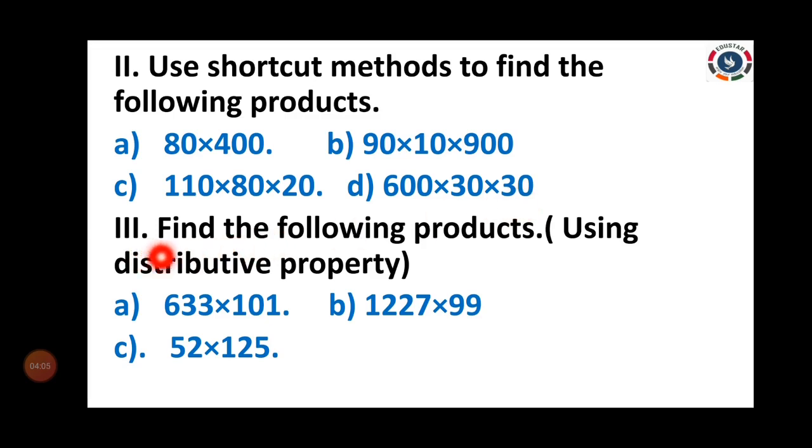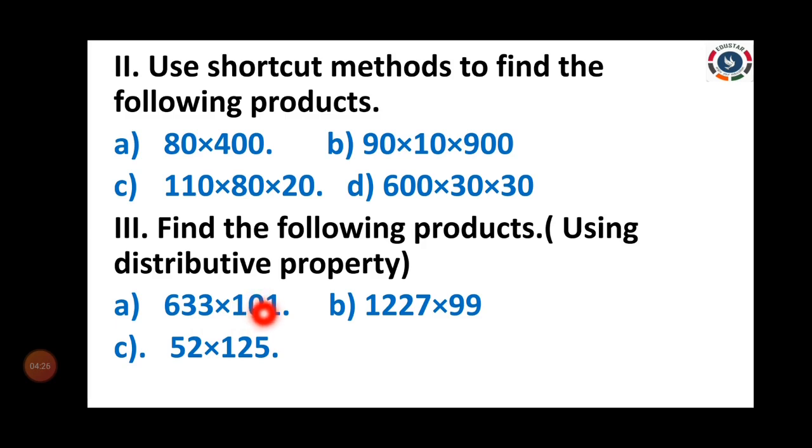Now Roman letter 3. Find the following products using distributive property. So A. 633 into 101. B. 1227 into 99. And C. 52 into 125. Already we have written this type of questions in our class notes.